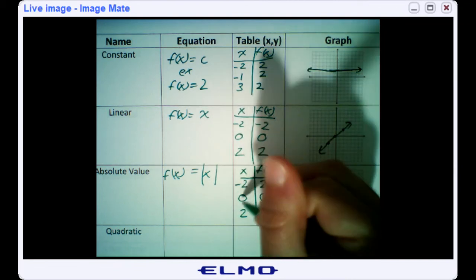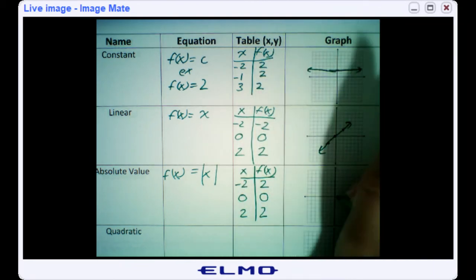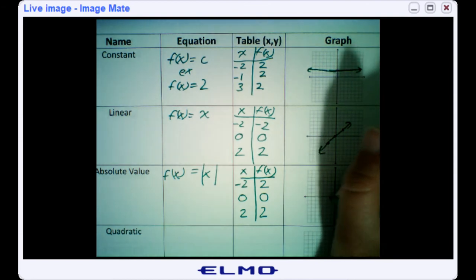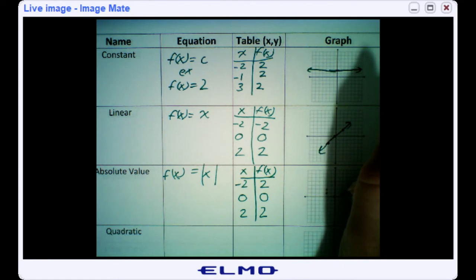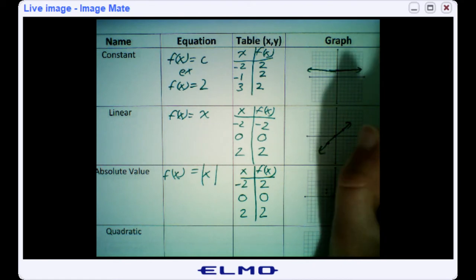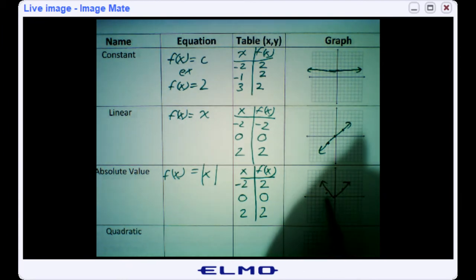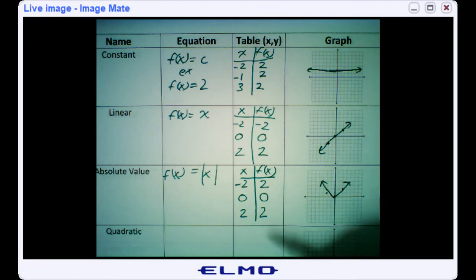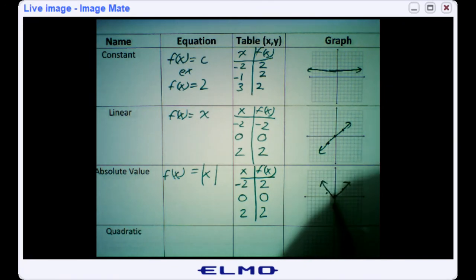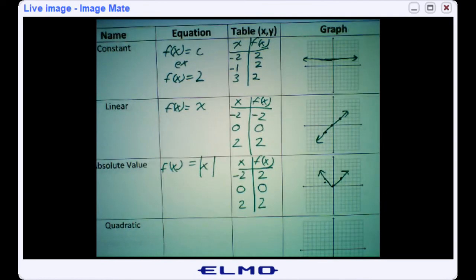So 0 becomes 0, 2 stays 2. And we're going to get a V-shaped graph like that. This point here is called our vertex point, or a minimum or maximum point. It's where it changes from a decrease to an increase, or vice versa.